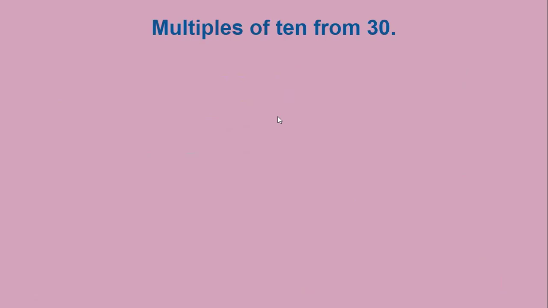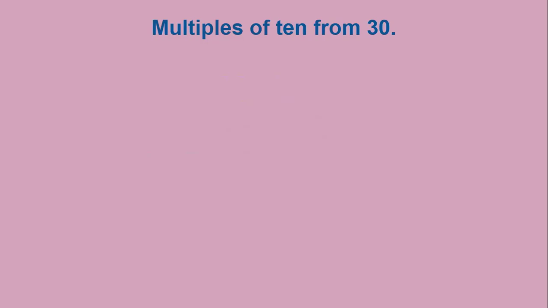In this part, we look at multiples of 10 from 30. Multiples of 10 are the numbers we can, of course, divide by 10 and not get any remainder.